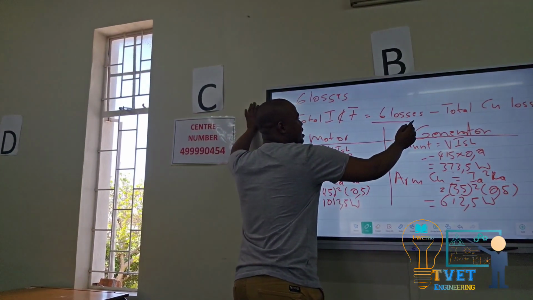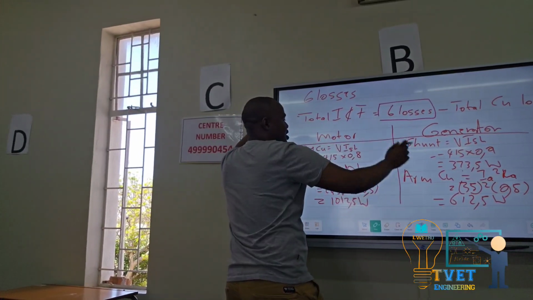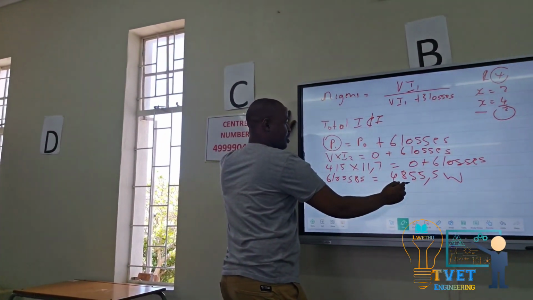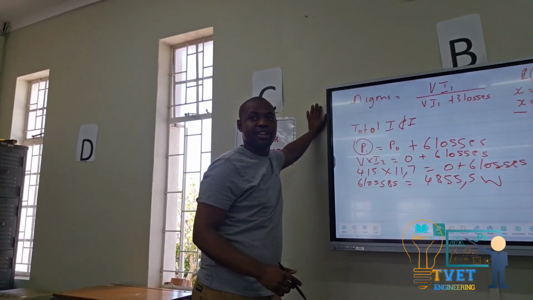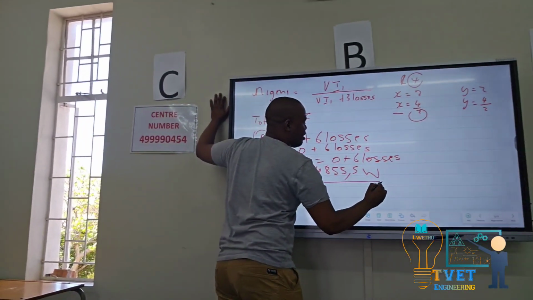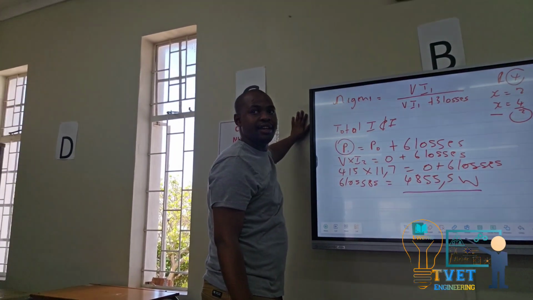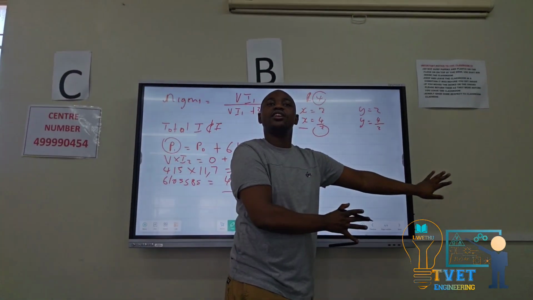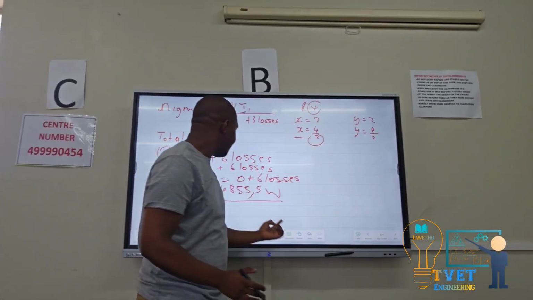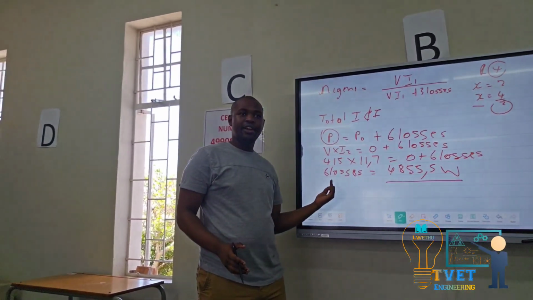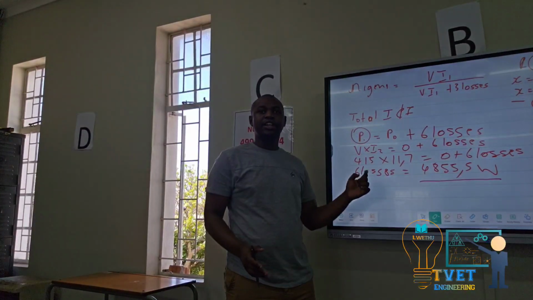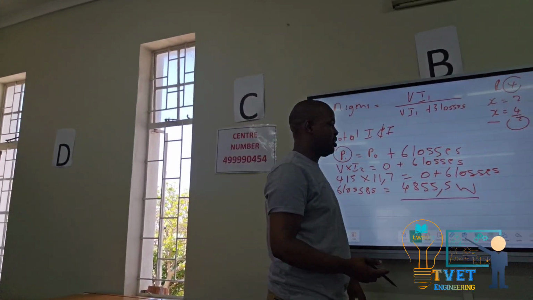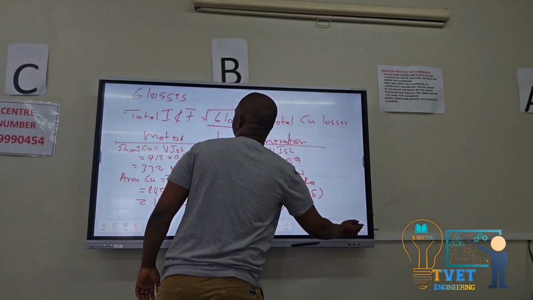The total losses were given as 1 to 4,855, and then we subtract all the copper losses from the total losses in order to get the total iron and friction loss.